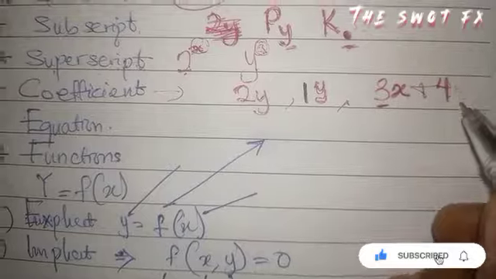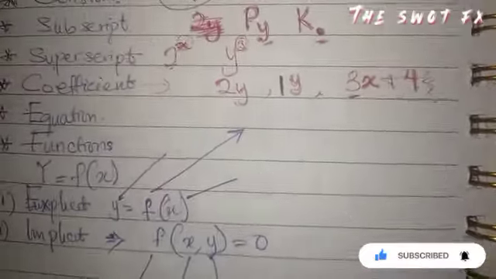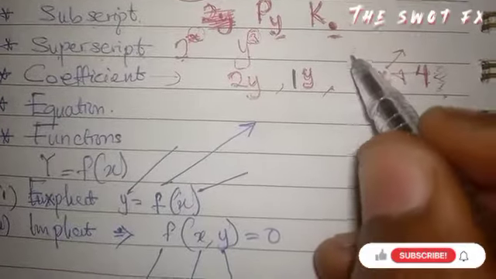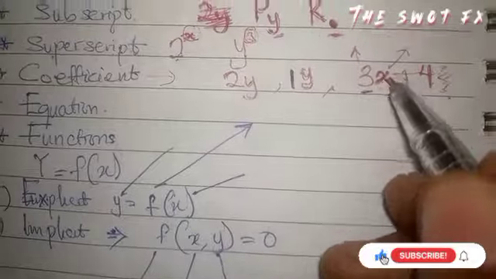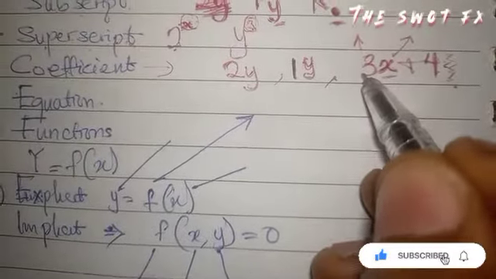So coefficients most times go with an unknown. This is an unknown, but this one is known. Definitely the coefficient of x is 3. Are we together now?